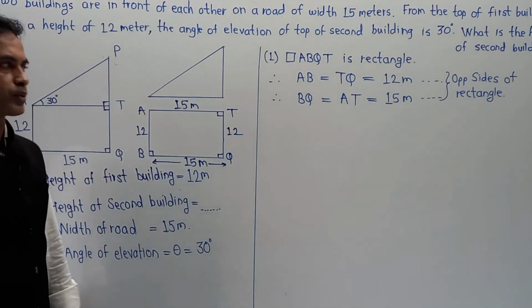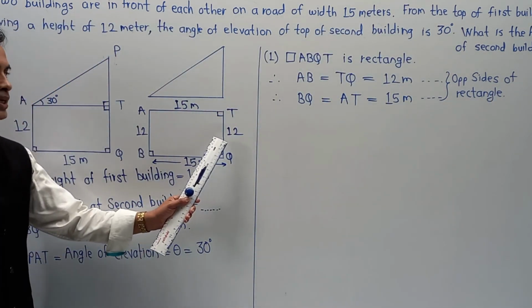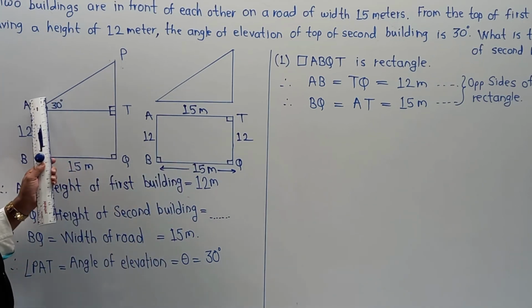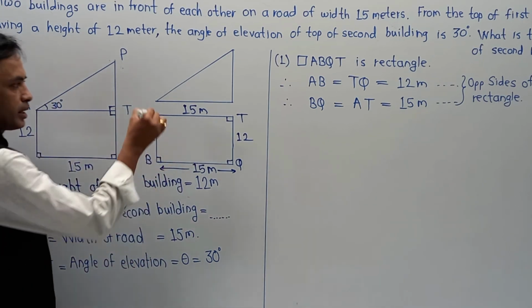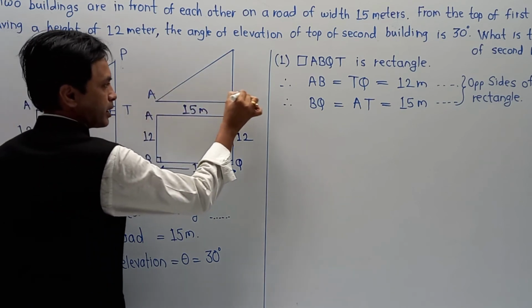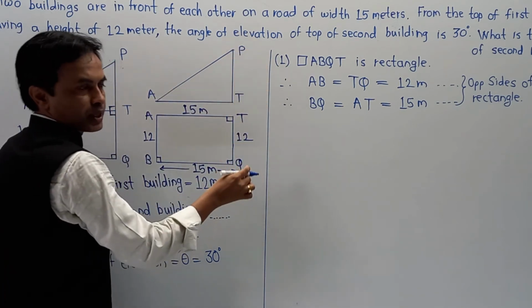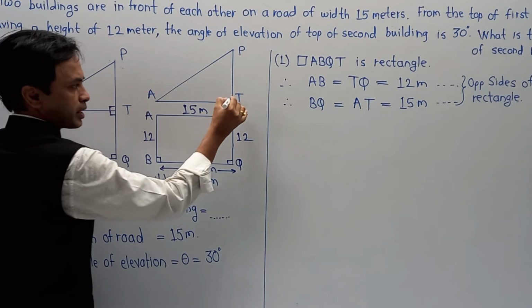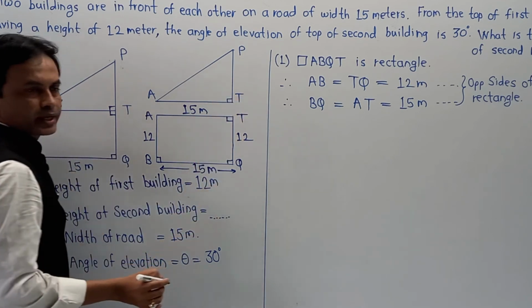Now coming to the next part. Our first task about the rectangle is clear. Now we are entering the triangle ATP, which you can also call triangle PTA, where angle T is already 90.